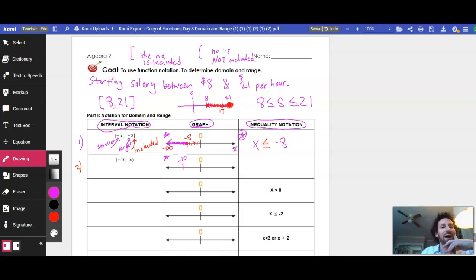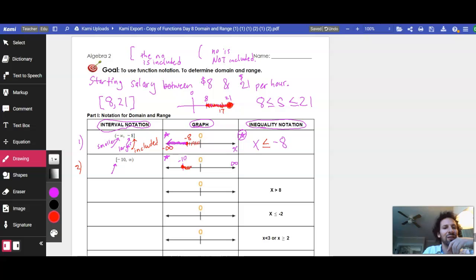And we want to label positive infinity, which is on the right side of the number line. It says all values, including negative 10, because of the bracket. So that means we have a filled in bubble at negative 10, all the way until infinity.